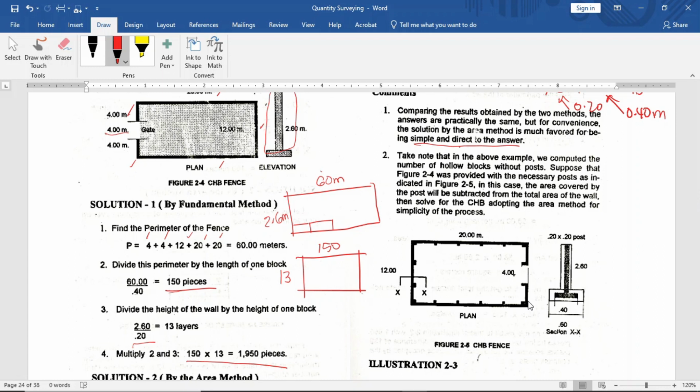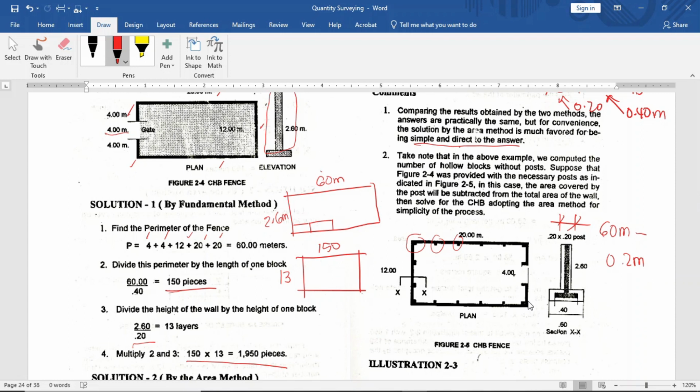So, kung may mga columns tayo dito, yung thickness ng post natin, i-deduct lang natin sa total na length. Ito. So, kung may 60 meters dito, compute natin 60 meters minus yung thickness ng post, 0.2. Kung 0.2 meters, times ilang post.